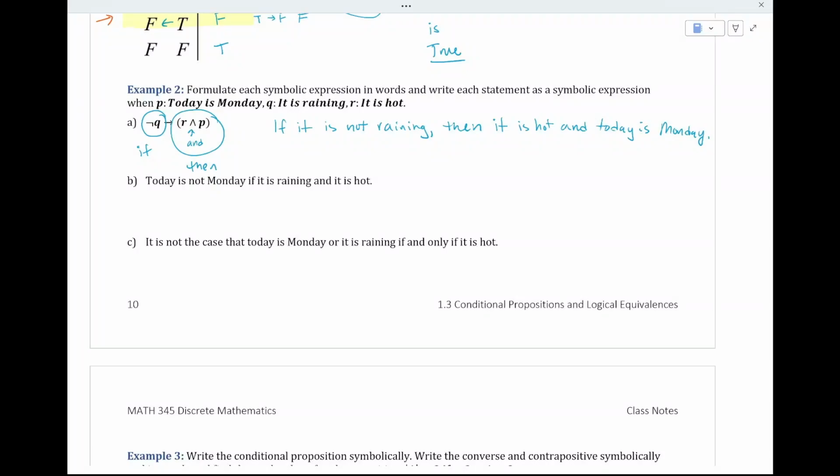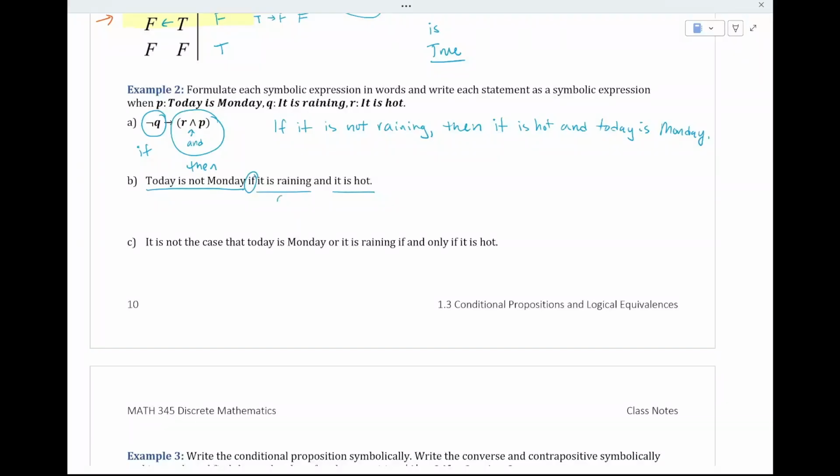In part B, I want to take a look at writing this statement with symbols. Today is not Monday. Let's see, not Monday is not P. If, here's my if, it is raining and it is hot. Okay, so let me think about this.